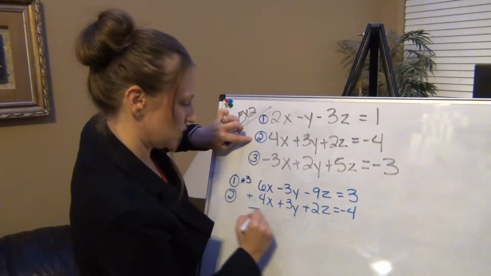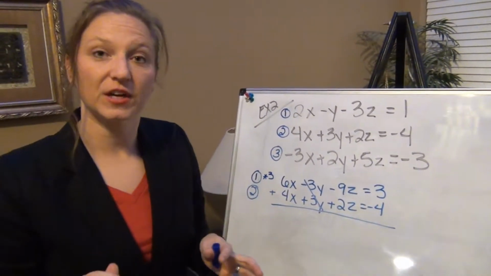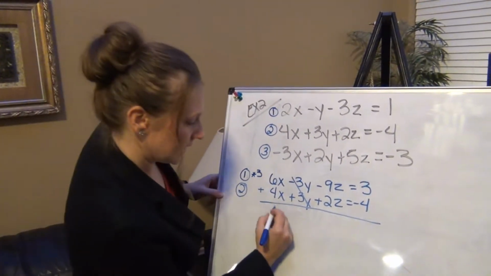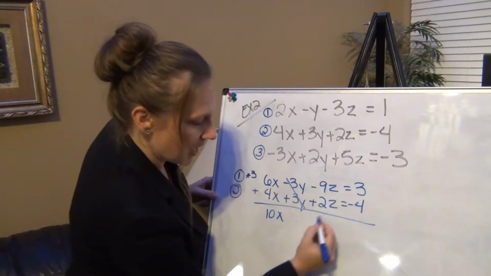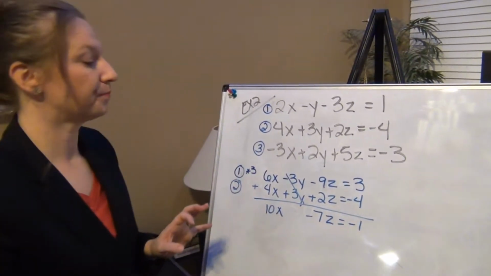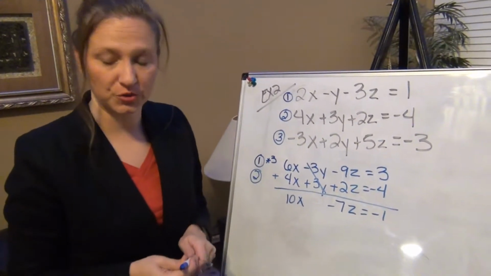All right, now I'm going to add them together. And again, remember the goal was to get one of the variables to eliminate, which they did. So when I add this, I get 10x and 7z and negative 1. Now, we still don't have a variable yet, but we are closer.